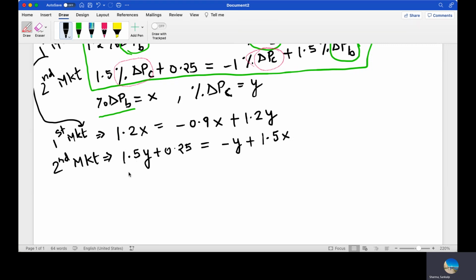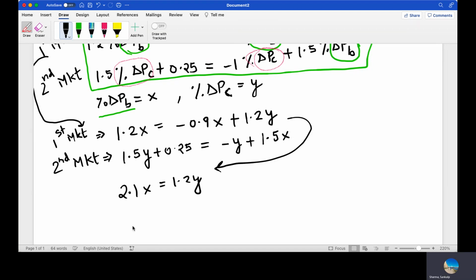So I would encourage you to review this. It shouldn't be that complicated, but in case you have forgotten since those times. So yeah, this from equation 1 is just nothing but 2.1x equals 1.2y. So I just brought this x term to this side, so added 0.9x on both sides. So that's how I got this.